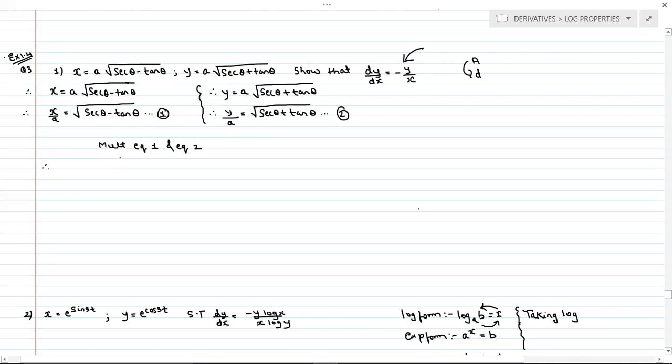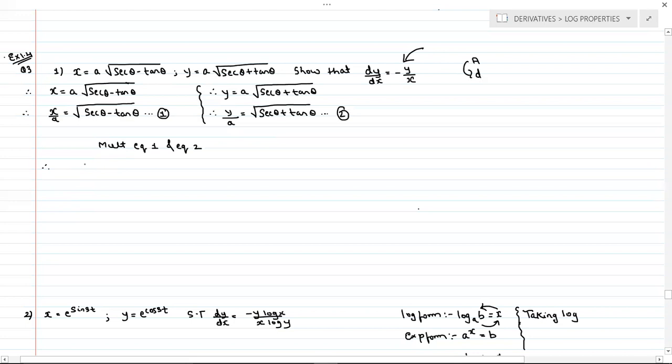As I told, this is not the only method in which you can find your answer. There are 2-3 different methods, but I feel this is the easiest method which I can explain and you all can understand easily. So I will multiply equation number 1 and equation number 2.